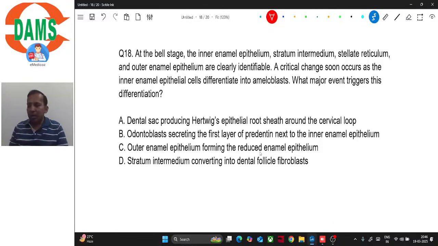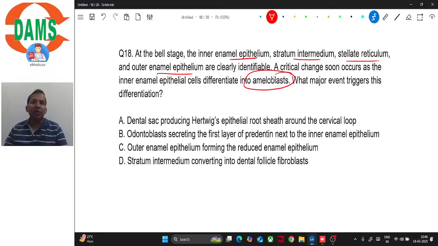So next question, at the bell stage, the inner enamel epithelium, stratum intermedium, stellate reticulum and outer enamel epithelium are clearly identifiable. So first of all, the question is telling you that all these cells are identifiable in the bell stage. A critical change occurs as soon as the inner enamel epithelial cells differentiate into ameloblasts. So as soon as they differentiate into ameloblasts, a critical event occurs.